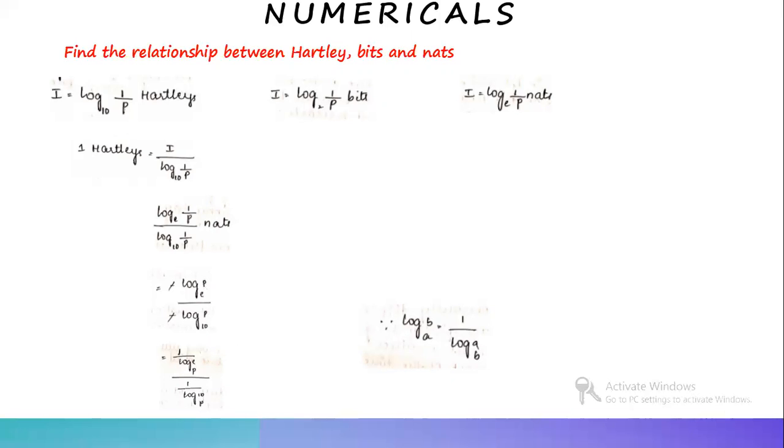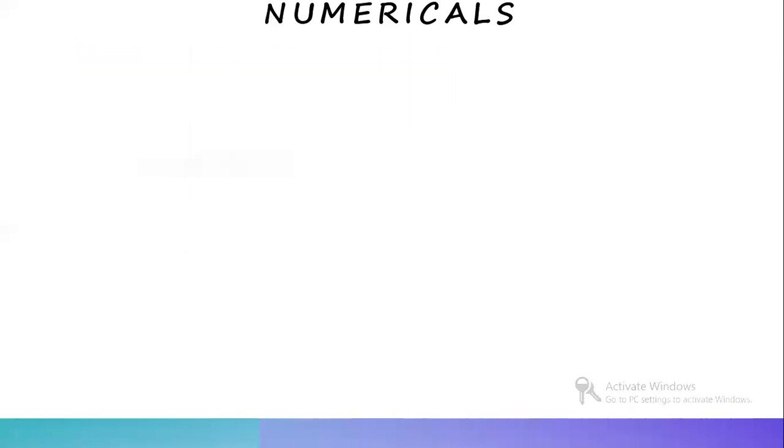I hope till now you guys have understood. Next, further simplifying, 1 Hartley equal to log 10 to the base p by log e to the base p. That is taking the denominator value to the numerator and numerator value to the denominator. Further simplification: as the bases are the same, that is p, we can remove those bases and write it as log 10 to the base e.